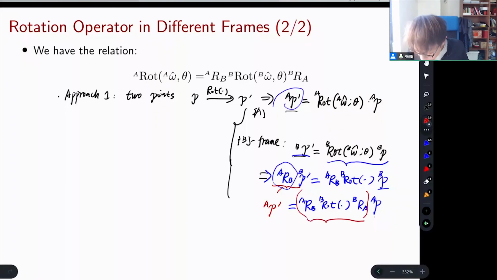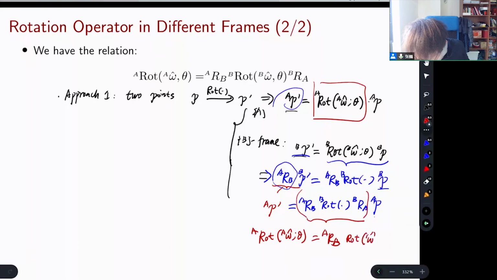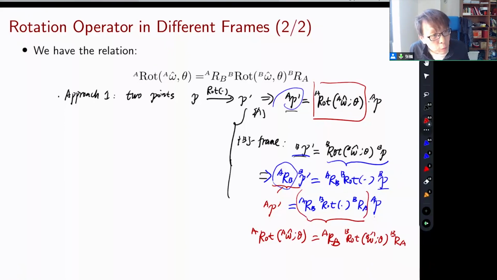So overall, rot omega hat A, theta, equals R_BA, rot omega hat B, theta, in B, and R_AB. That's exactly the formula we gave above.